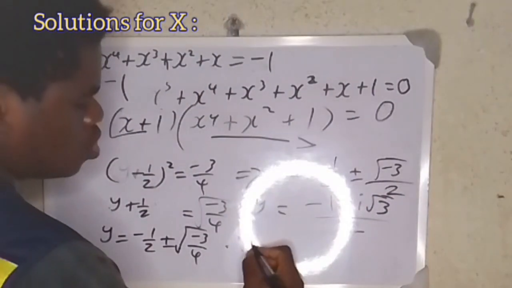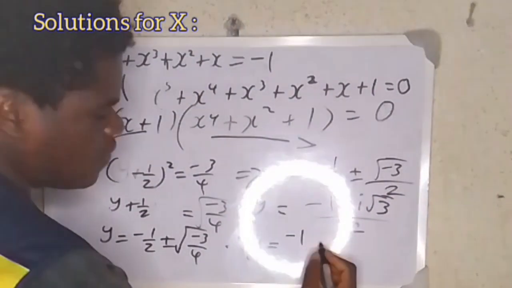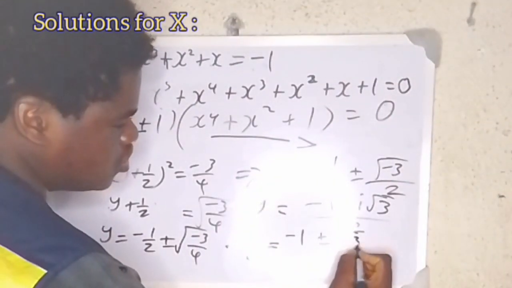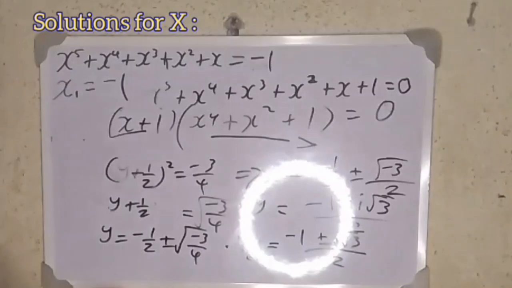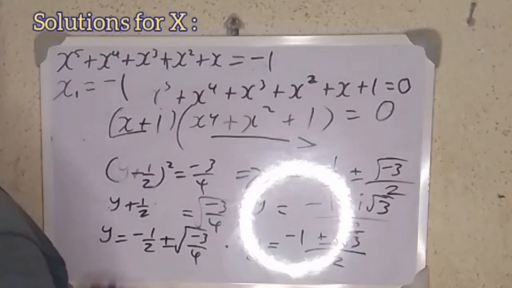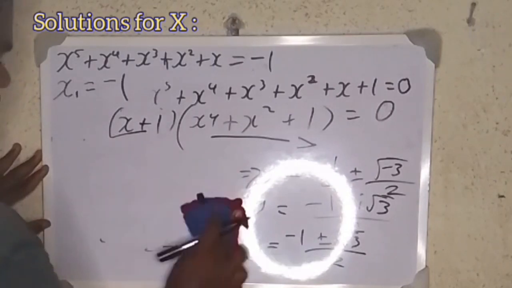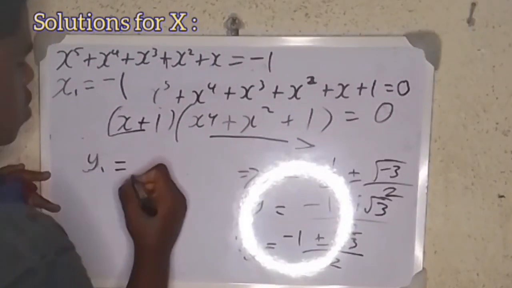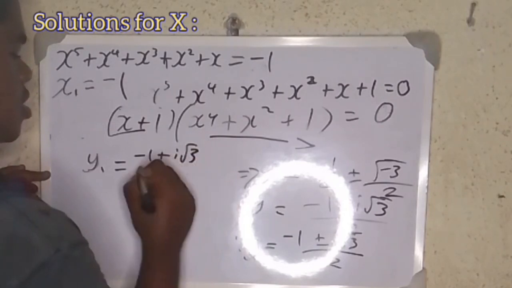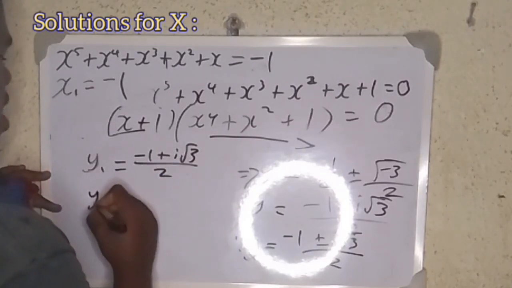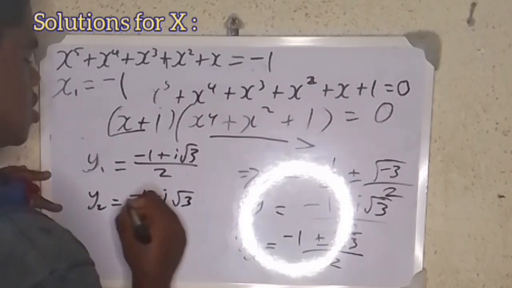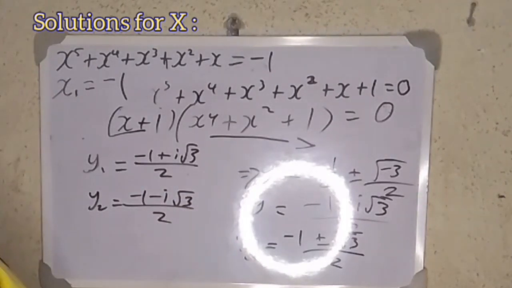Therefore, our two solutions for y are negative 1 plus or minus i root 3 over 2. Let me write that down here. Therefore, y1 is equal to (-1 + i√3)/2, and y2 is equal to (-1 - i√3)/2.